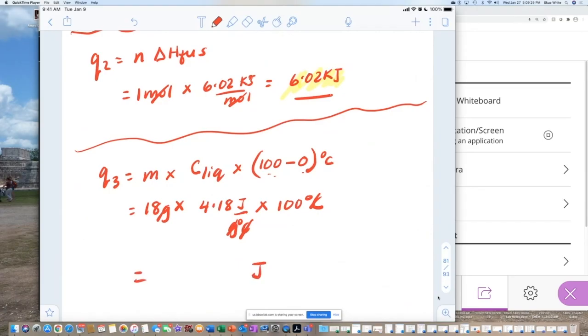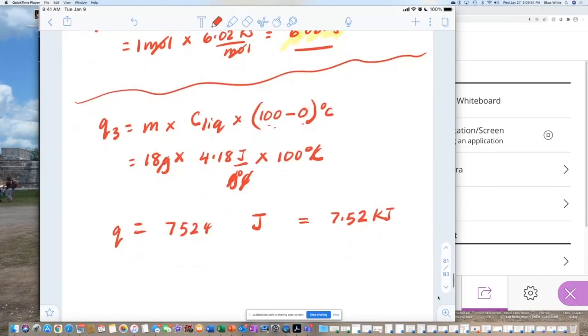Okay, do the math with me so we can confirm, because you know how I get, right? 18 times 4.18 times 100. Okay, I got 7524. I'm just going to divide by 1,000 since I came this far. And it says I have 7.52 kilojoules.